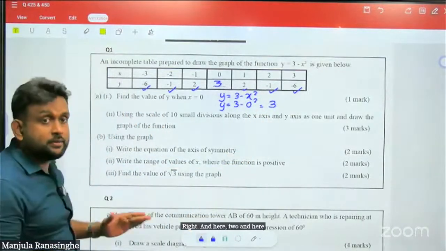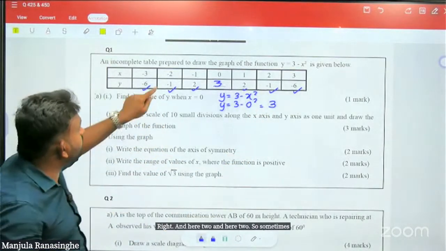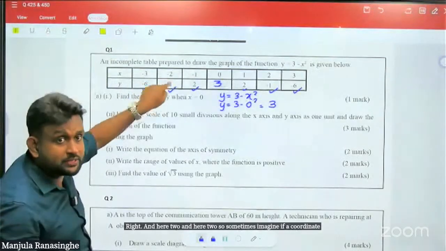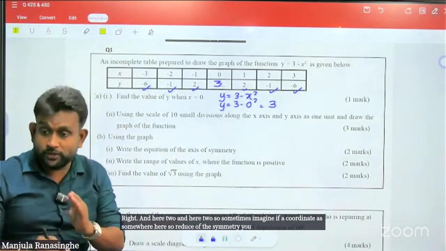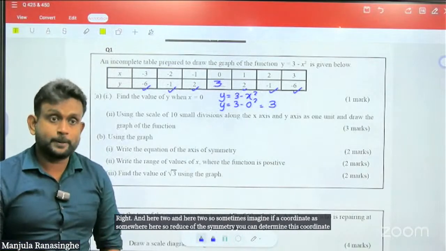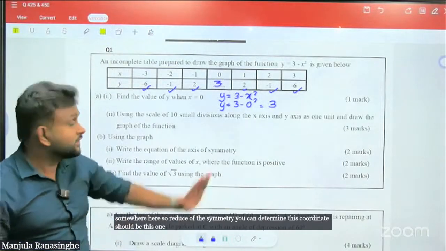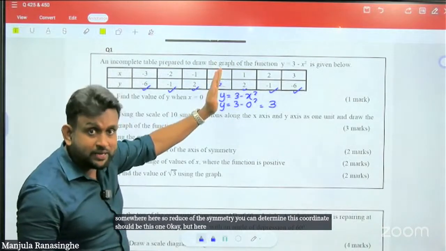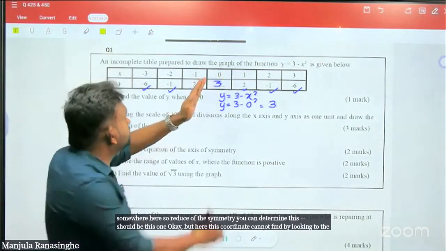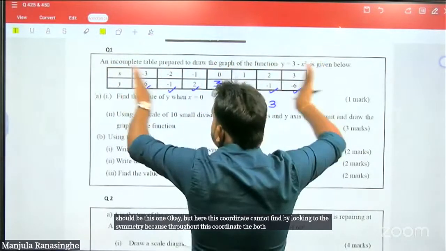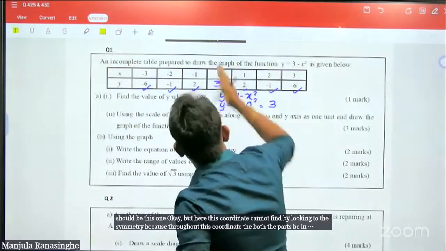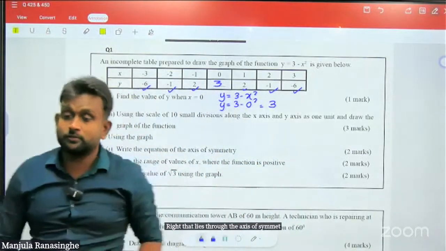So sometimes, imagine a coordinate is asked somewhere here. With use of the symmetry, you can determine this coordinate should be this one. But this coordinate cannot be found by looking at the symmetry, because it lies through the axis of symmetry, as we call it.